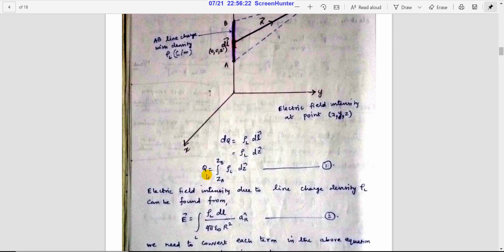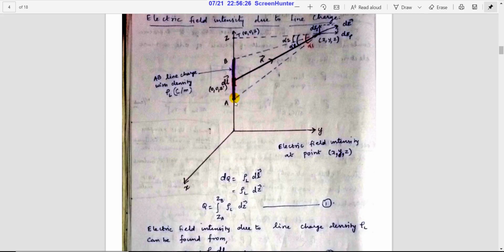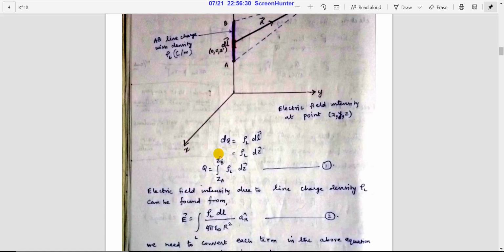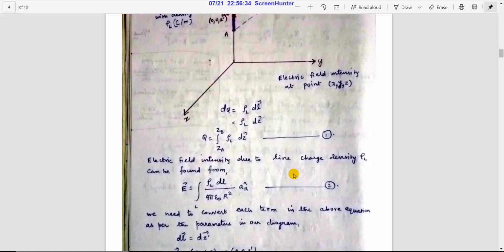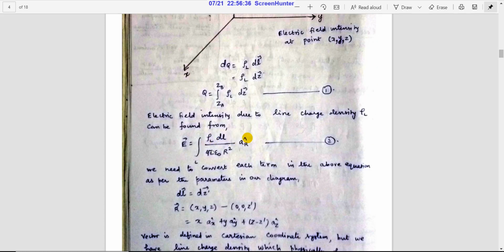Since this dl vector is situated along the z axis, we will have rho L dz as the dq parameter. Now if you want to find the value of q, integrate from za, this point, to zb, this point, so za to zb, integration of rho L dz.